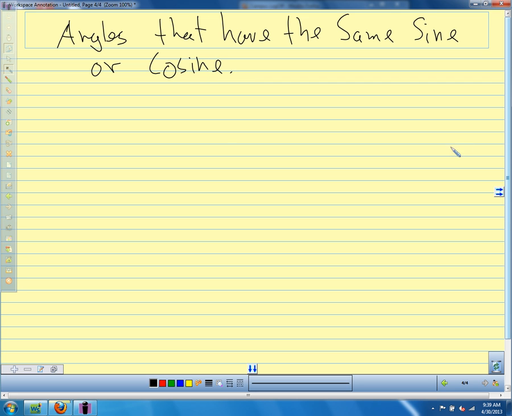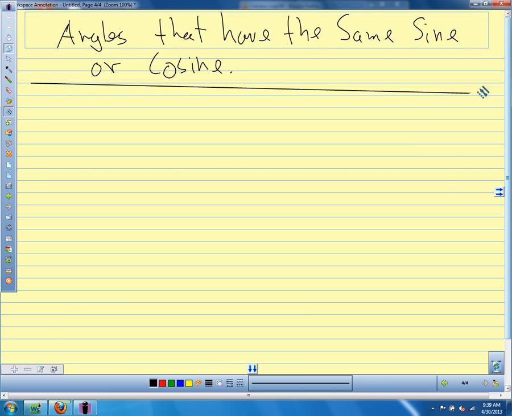For any angle there are two angles that have the same sine, and there are two angles that have the exact same cosine. So we're going to talk about why that works out and how we find them.